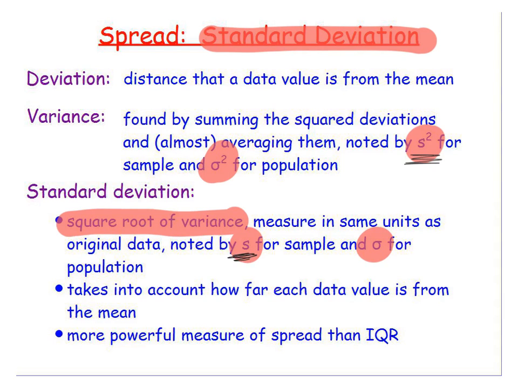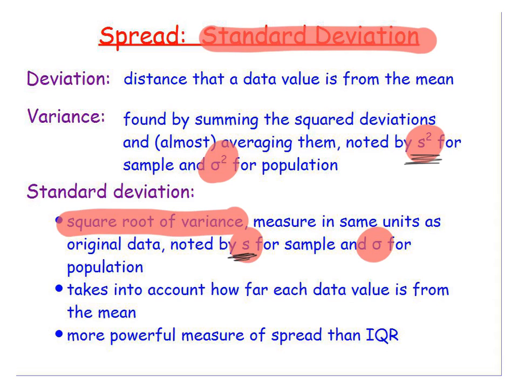The purpose of standard deviation, again, it takes into account how far each data value is from the mean. It tells you how spread out the data is. And honestly, it is a much more powerful measure of spread than the IQR.